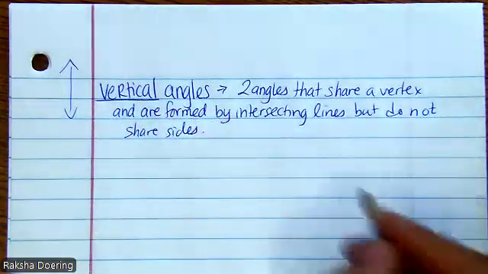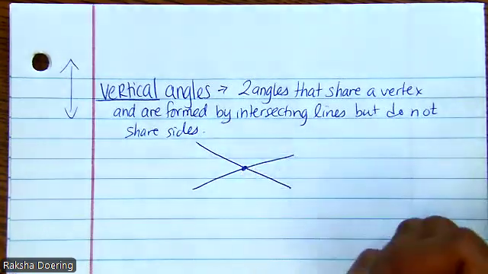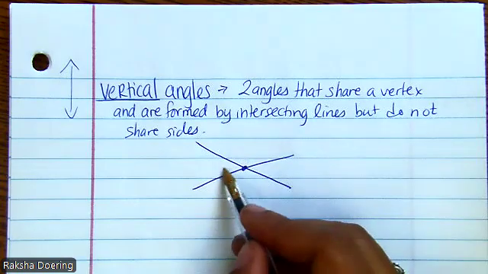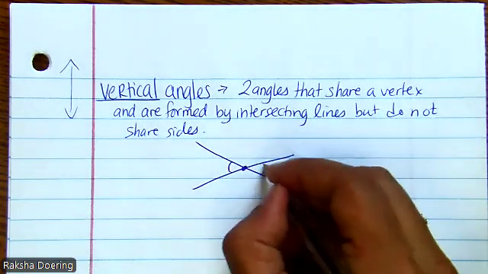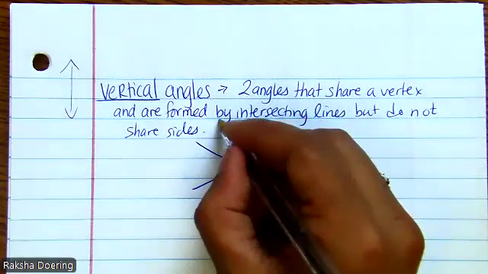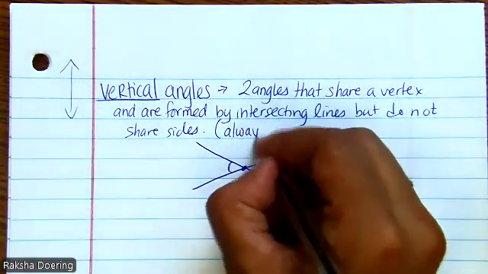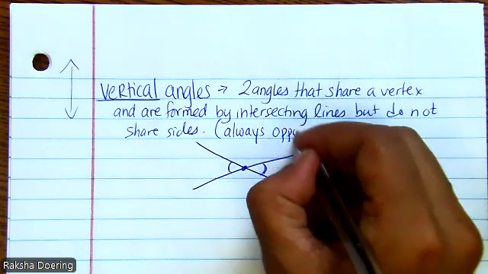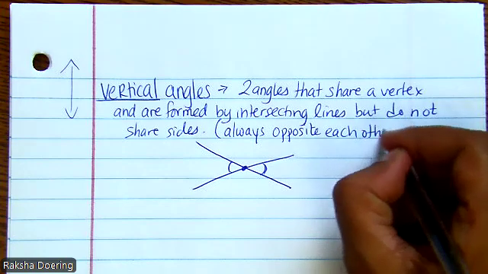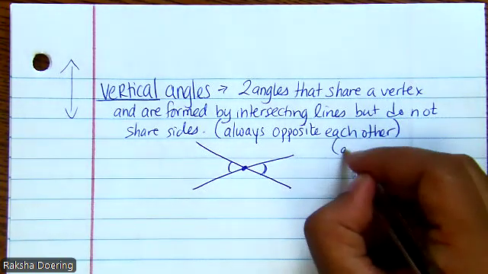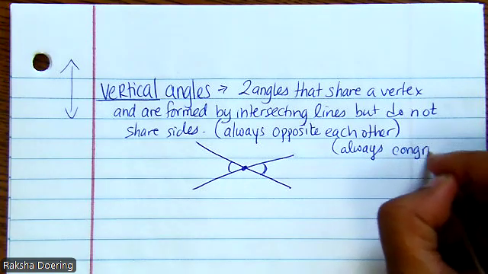And so what that looks like is they're formed by intersecting lines and they share this corner vertex, but they're the angles that don't share sides with each other. So that's like this angle here and that angle there. So a thing to know about vertical angles is they're always opposite each other. And they're always equal to each other, or congruent.